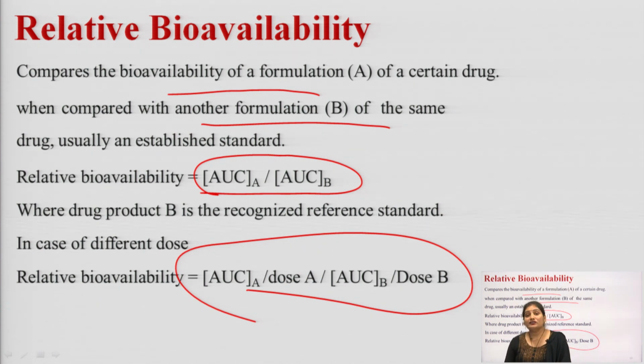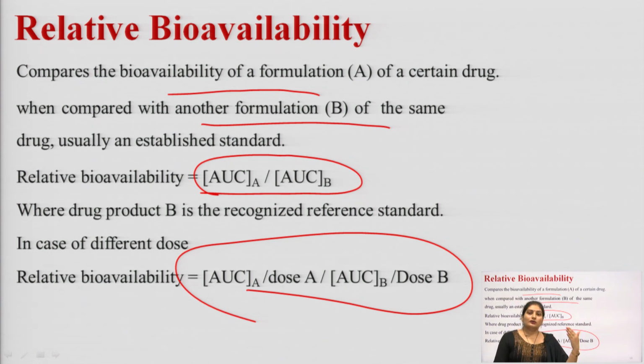In case of absolute bioavailability, we are comparing the same drug by two different routes of administration, comparing the absorption from these two different routes. But in case of relative bioavailability, we are giving two different dosage forms, we can say two different formulations of the same drug. So, that is called the relative bioavailability.